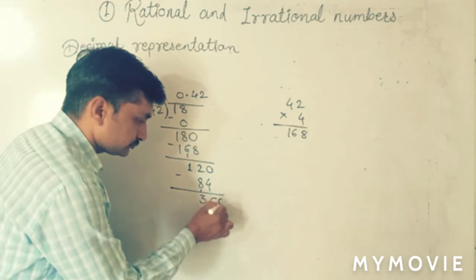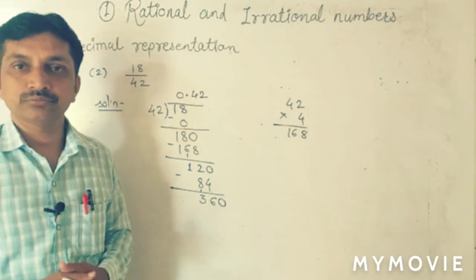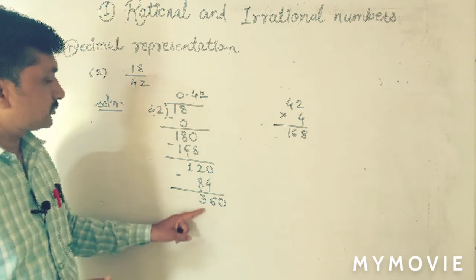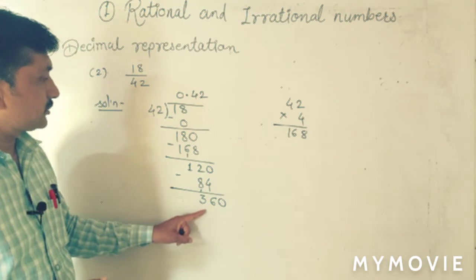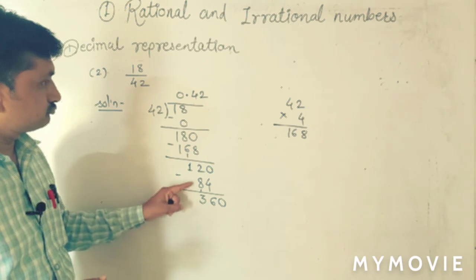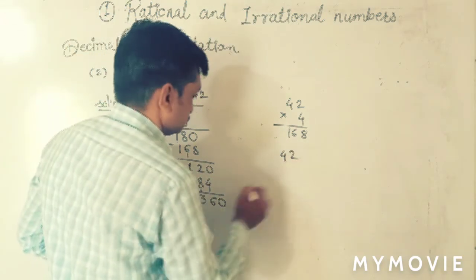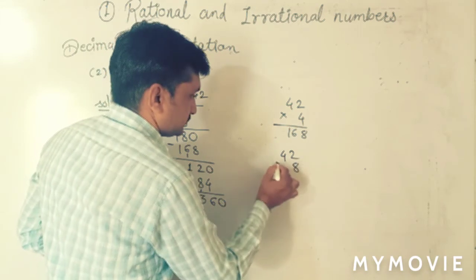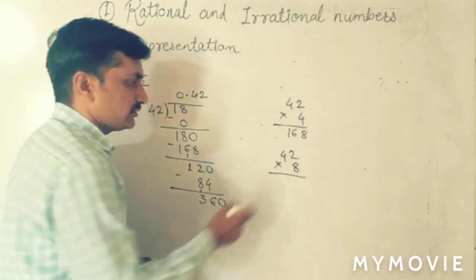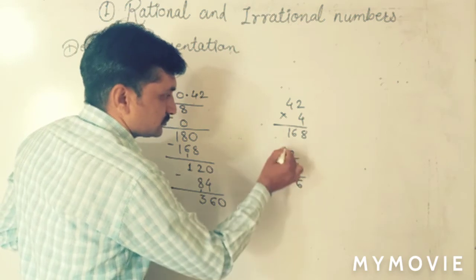Again take 0. Now we have to continue this way. 360. Now 360, 4s are here. We will check 42 8s are. Let's check. 8 2s are 16.